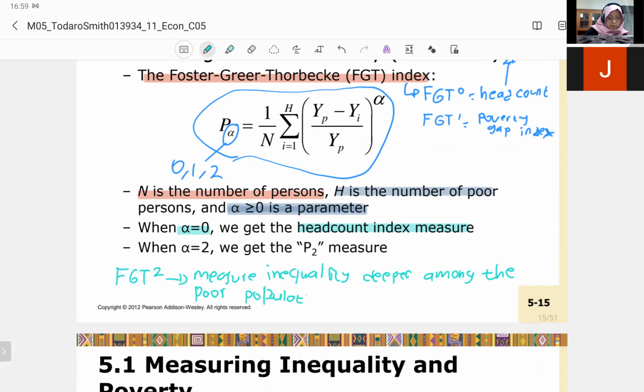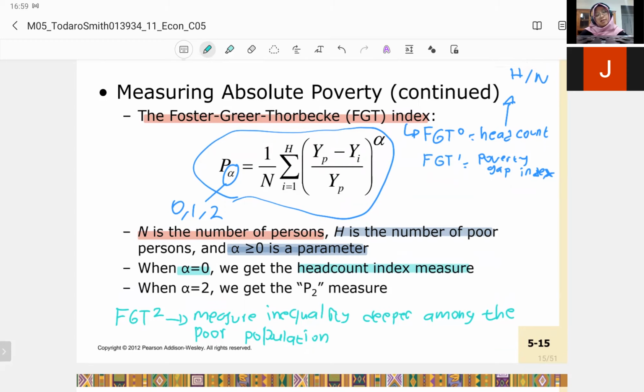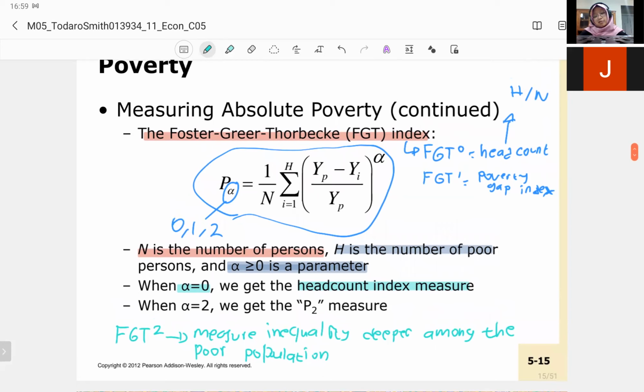So with the FGT1 and FGT0, you will examine the inequality. But with FGT2, you can examine inequality among the poor population. So between the poor, how is the inequality situation? Now that's where you use FGT2. FGT0 equals headcount index, FGT1 equals poverty gap index.